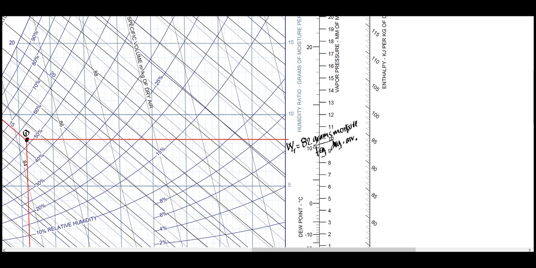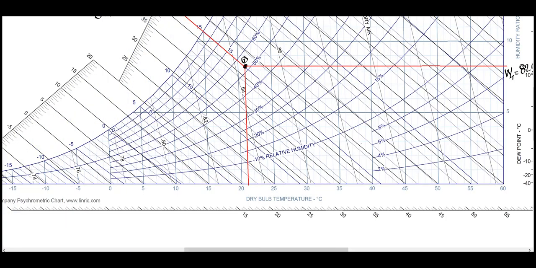Okay, then it is heated to a temperature of 41 degrees Celsius. So let's plot the 41 degrees Celsius. We have this line traveling, since we are at constant humidity.